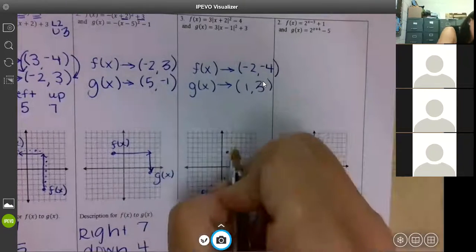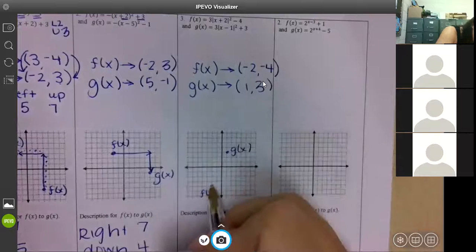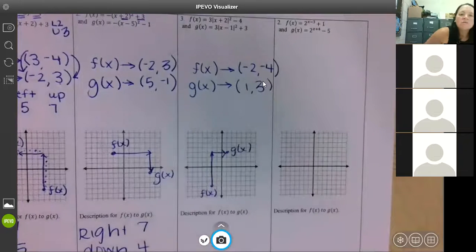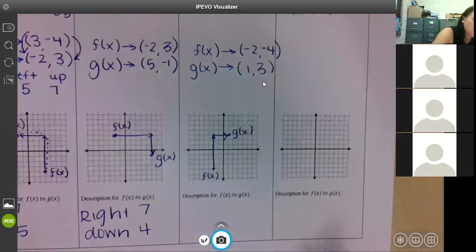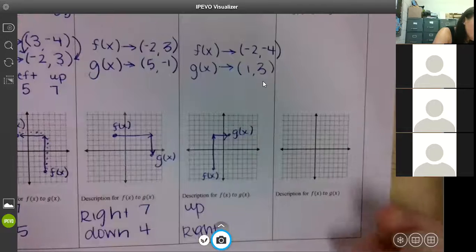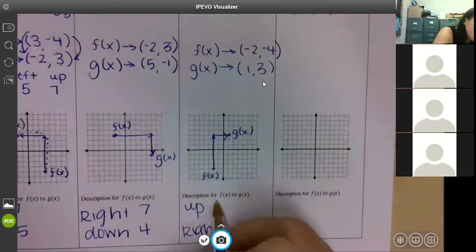Change x, keep y, that's your g of x. How do I get from f of x to g of x? What were my 2 movements? Up, then right. Okay. Up and right. How far up? Seven. How far to the right?